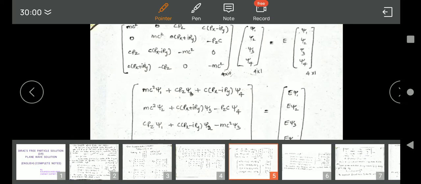So 0 sigma z 0, and this one I 0 0 minus I. These are the four Dirac matrices. Now we need to substitute these matrices in this formula.